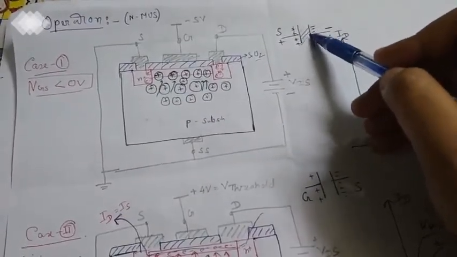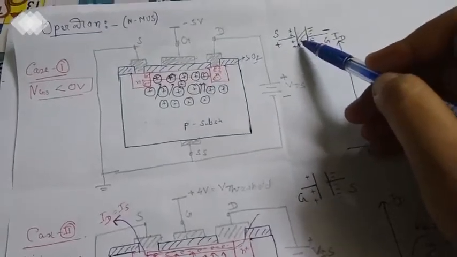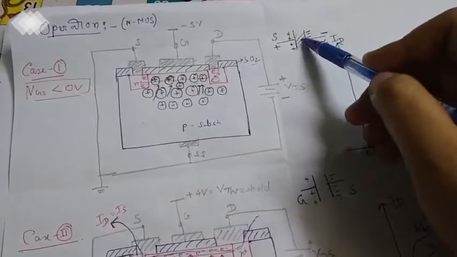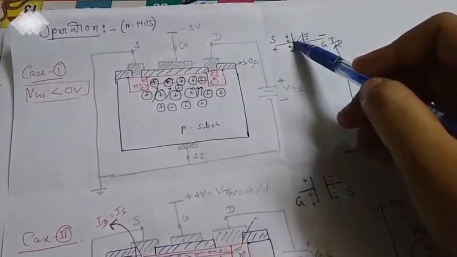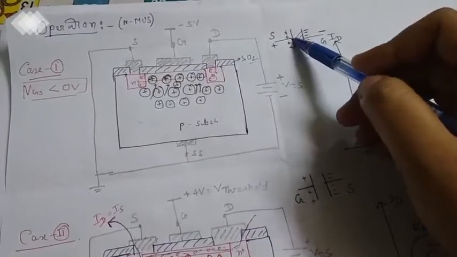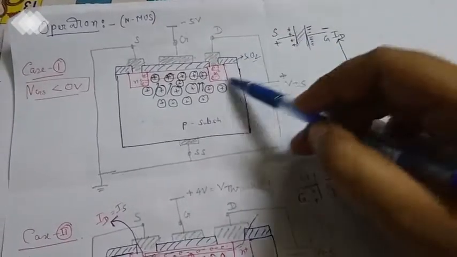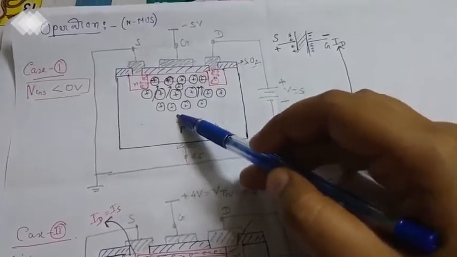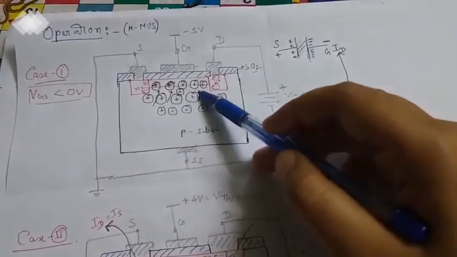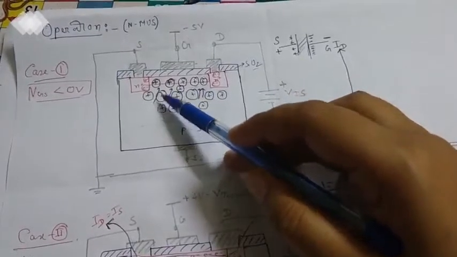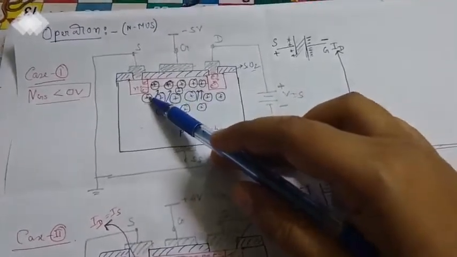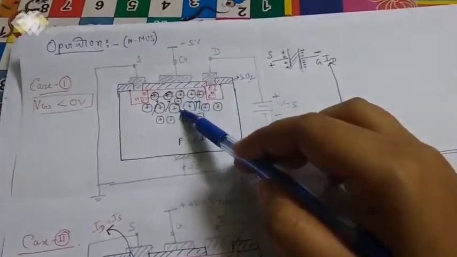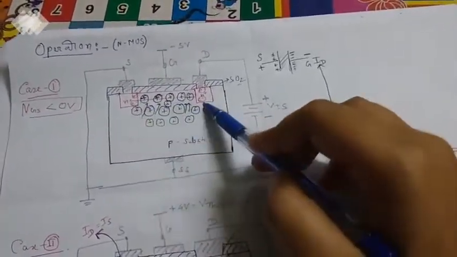So a capacitance is formed between these two regions, and when we set the gate voltage negative, this negative charge will attract the positive holes towards it, and it will cause them to accumulate at the channel region. So the holes of the P substrate will start to come near the channel region and accumulate here. This will form an insulating region or non-conducting path between the source and the drain at the channel region. This will obstruct any current from flowing from here to here.